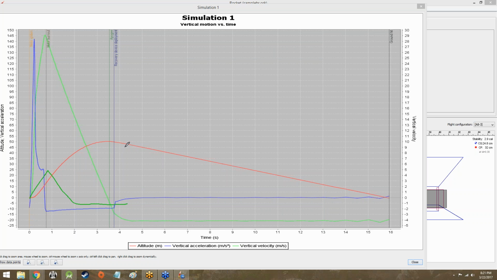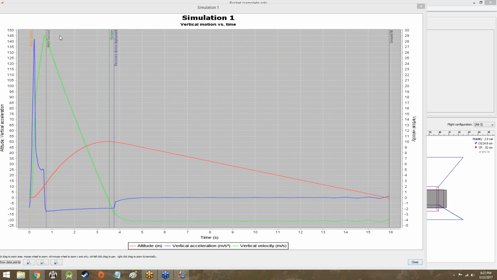Altitude would look much more impressive compared to vertical velocity. And that's part of the reason why it's put on a separate axis, so you can keep track of it more easily. But let's take a look.